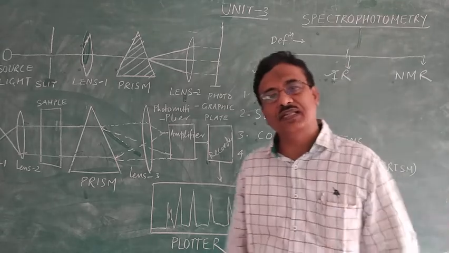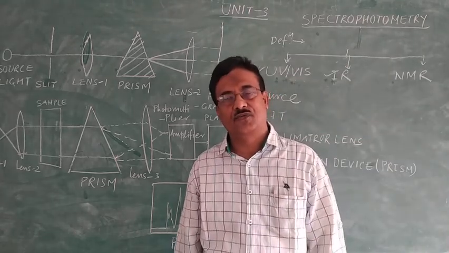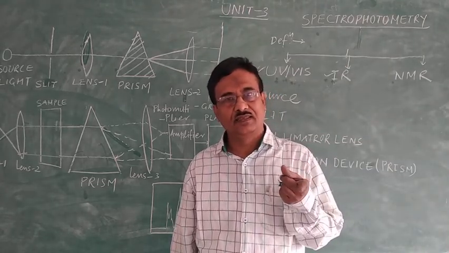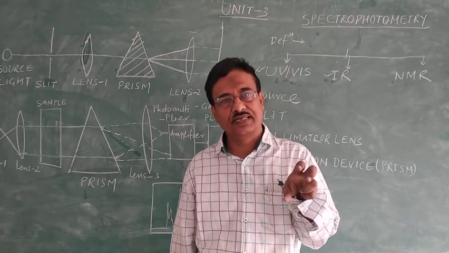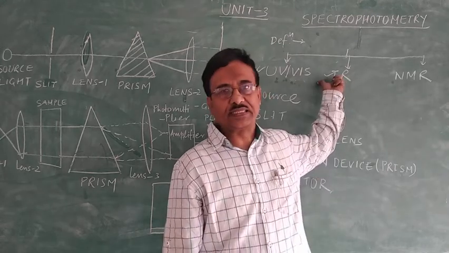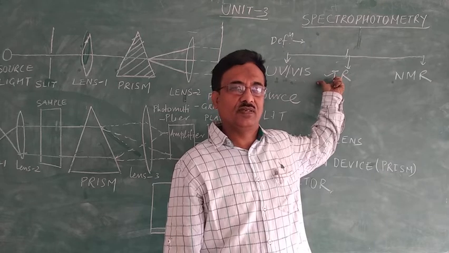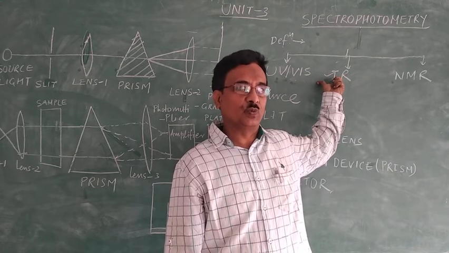And finally we plot the graph for the UV visible, that is types of bond, and second is types of group present in any unknown compounds, like functional group.